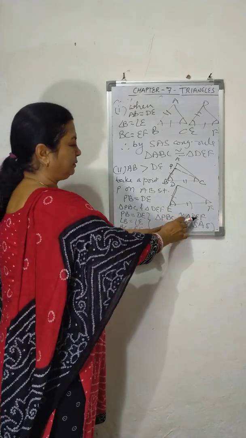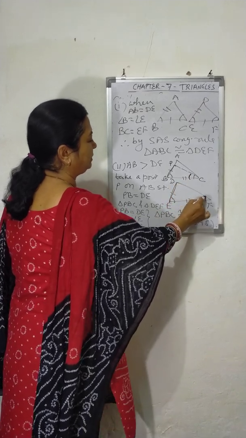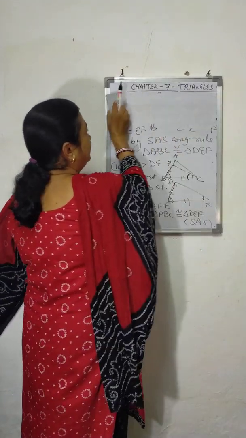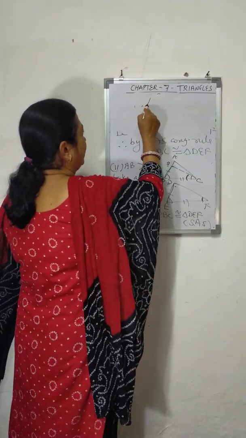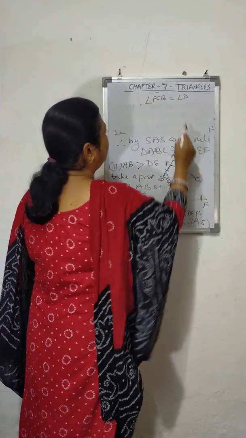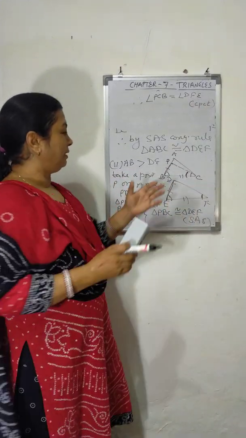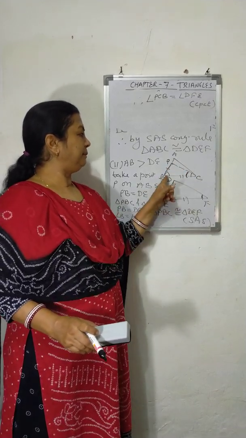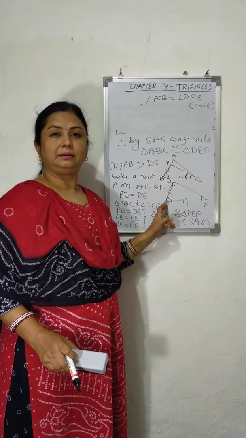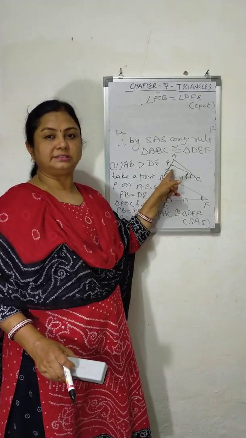Now, when these two triangles are congruent, we can say angle PCB is equal to angle DFE by CPCT. So now, is it possible that angle ACB is equal to angle DFE and angle PCB is equal to angle DFE?